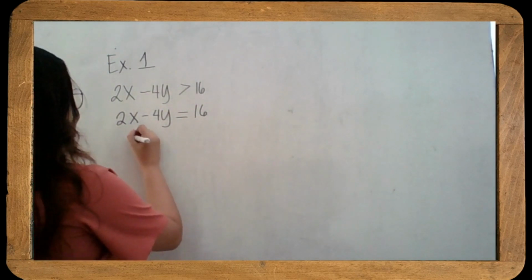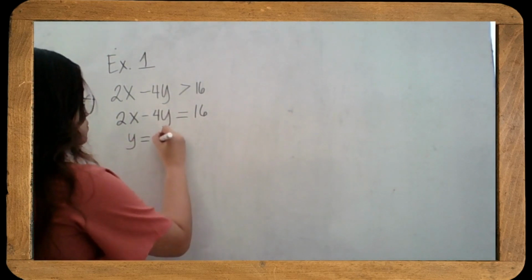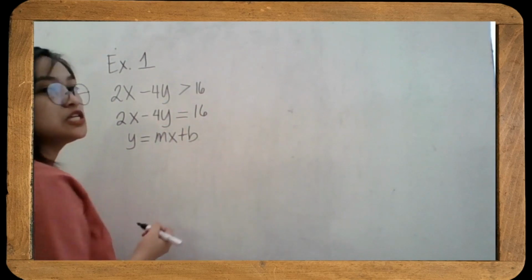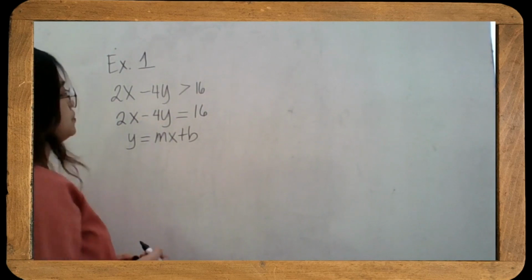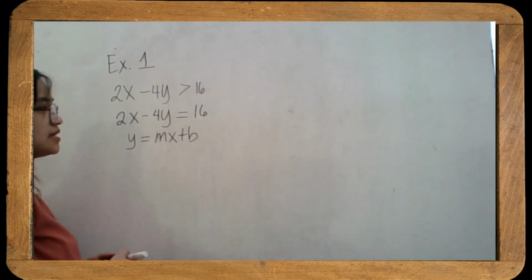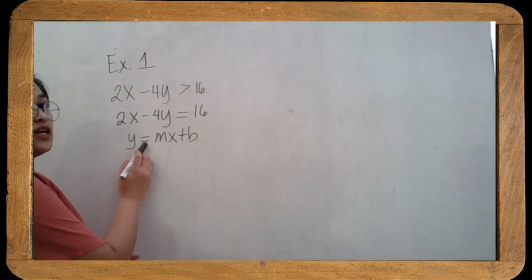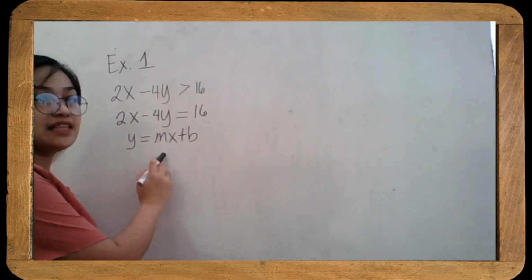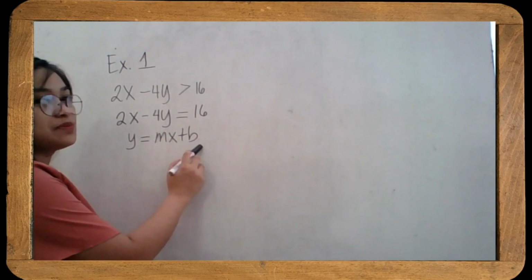So, we have y is equal to mx plus b. Ang tawag dito, slope-intercept form. So, as you can see, ang left side ng equal sign ay y lamang. Samantala, ang right side ng equal sign ay mx plus b.